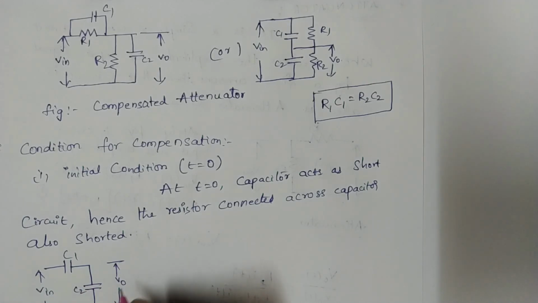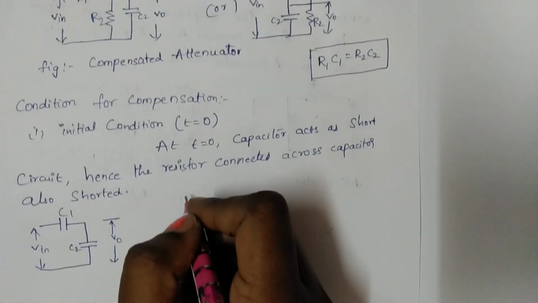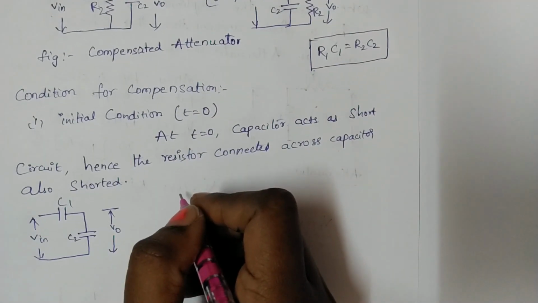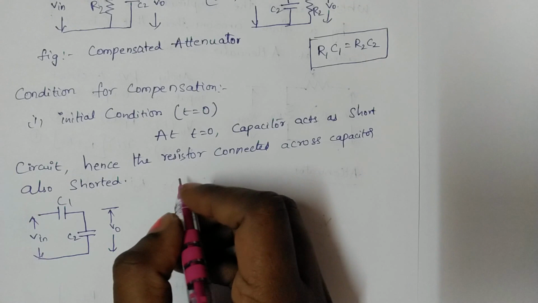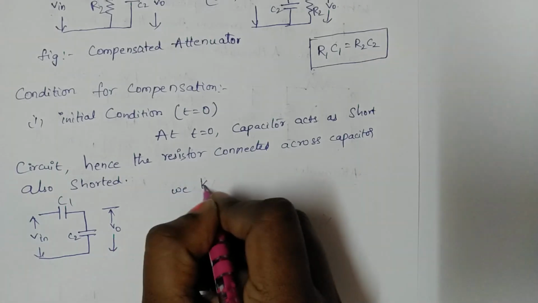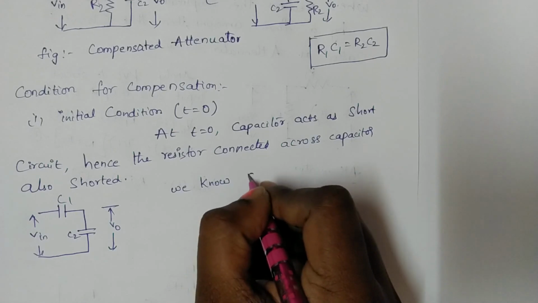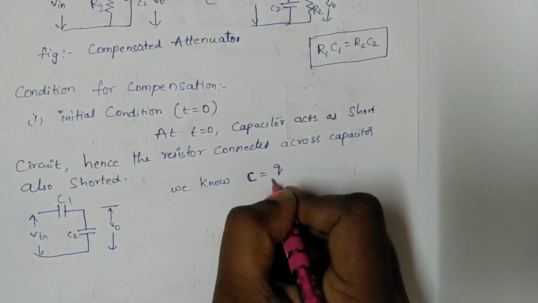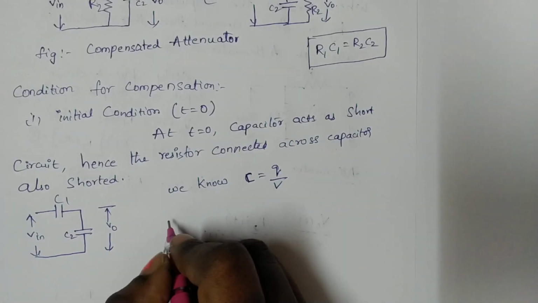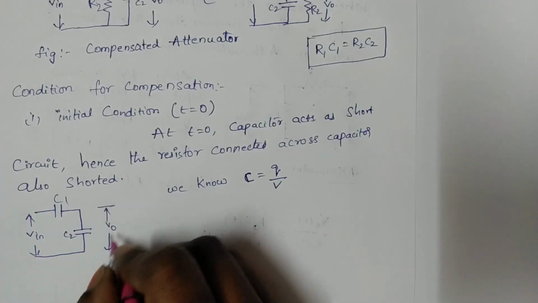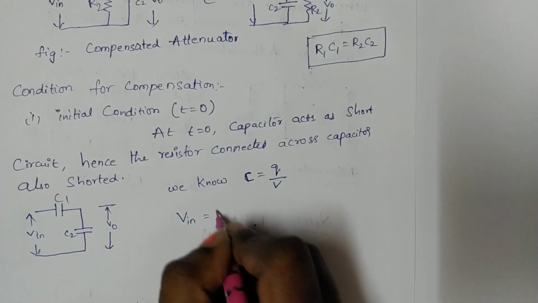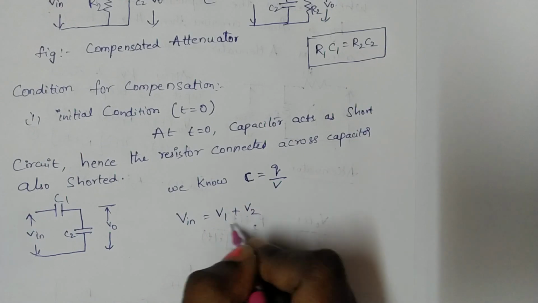We know that the capacitance C equal to Q by V. Now we have to find the total voltage. The V input equal to V1 plus V2.